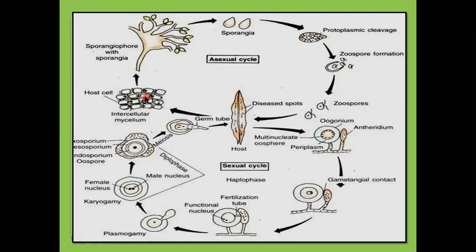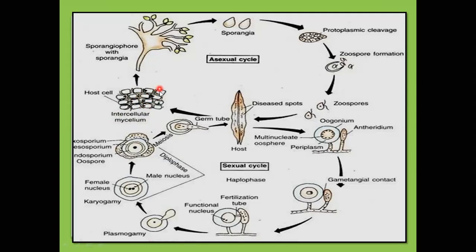These spores penetrate the healthy leaf or healthy earheads and develop intercellular mycelia. Intercellular mycelia means the mycelium grows in between two cells. This is one cell, this is another cell, and the mycelial network is seen in between the two cells.